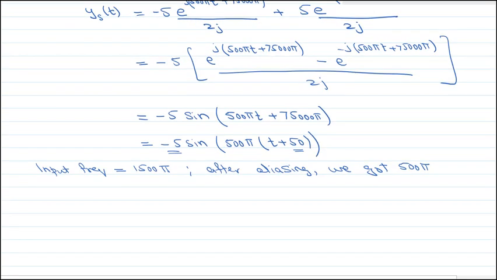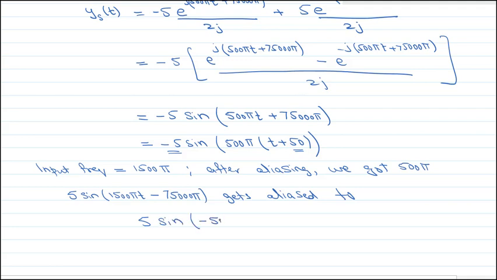But an easier way, once you become expert at that, is to see that 5 sine 1500 pi t minus 75,000 pi actually gets aliased to 5 sine of minus 500 pi t minus 75,000 pi.